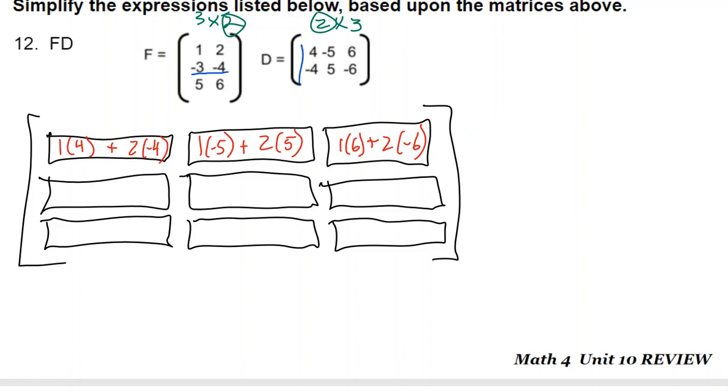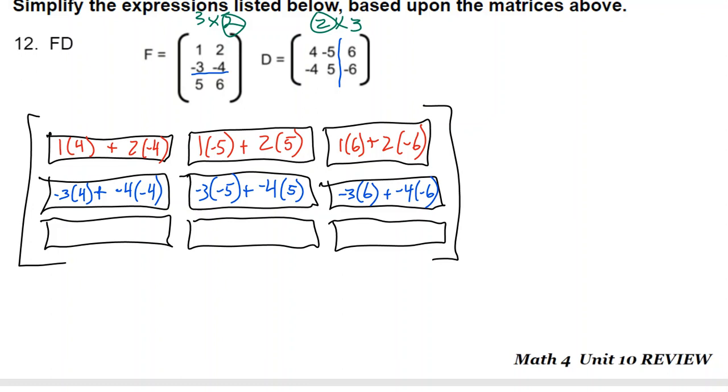All right, so we're going to go negative 3 times 4 and negative 4 times negative 4. And then negative 3 times negative 5 and negative 4 times 5. And then negative 3 times 6, and negative 4 times negative 6.